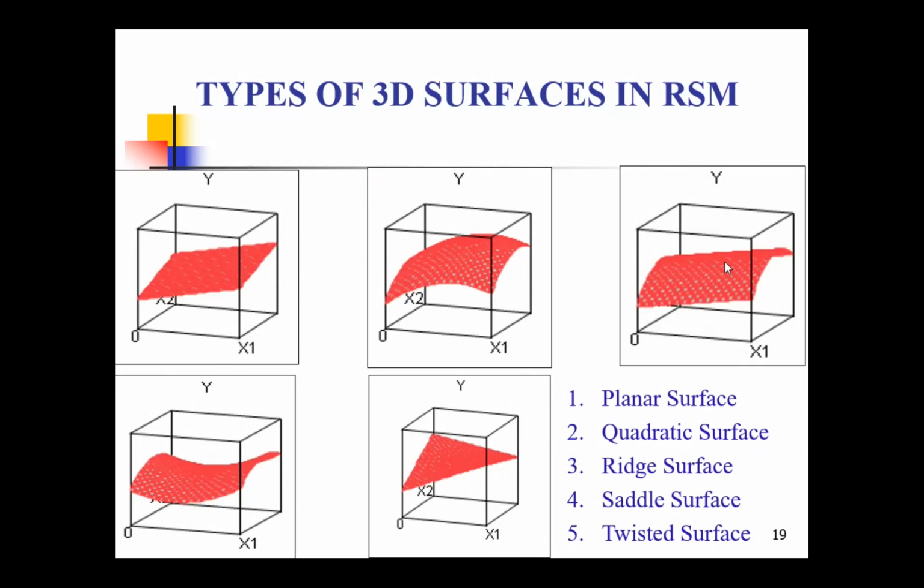So what are the different types of 3D surfaces that are fitted in response surface methodology? Normally we have a linear or planar surface, a plane surface. That is, with the change in one variable, the output varies in a linear way. In the second case, it is the quadratic surface.